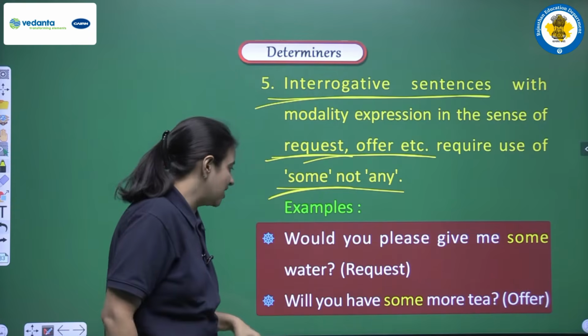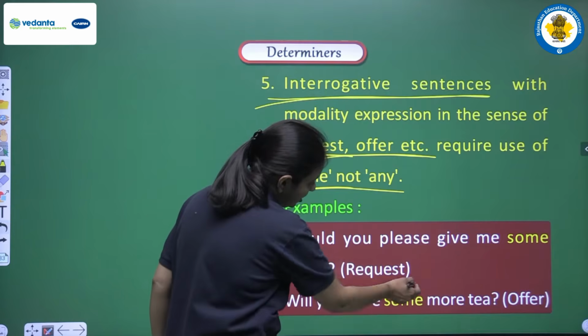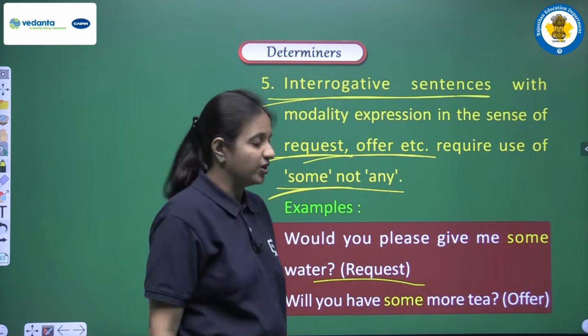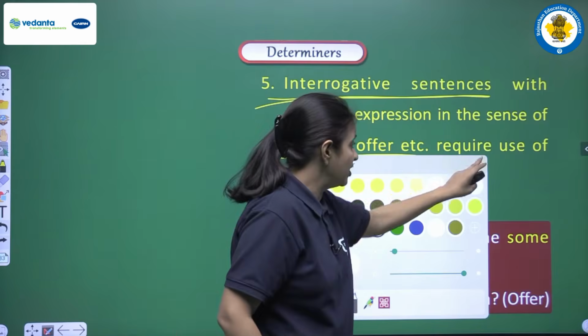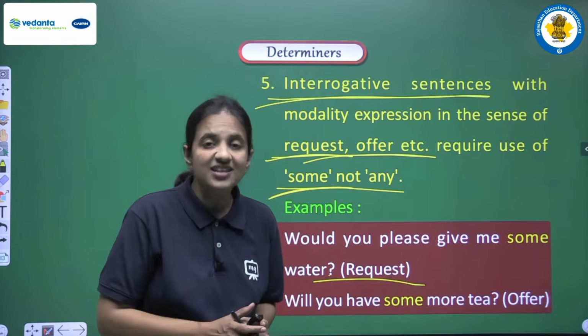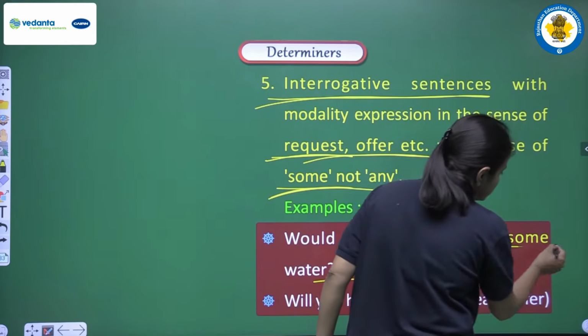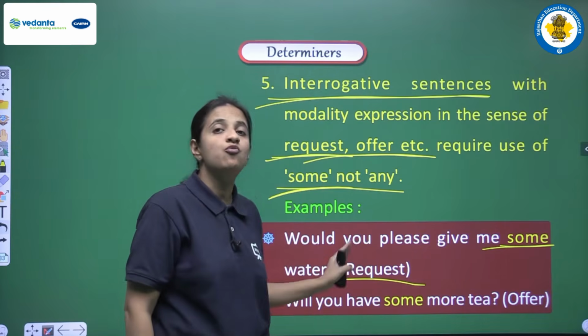So let's see the examples. Would you please give me some water? So here actually we are requesting this thing. Okay, so yes, we are having a question mark at the end of the sentence. This is an interrogative sentence, but actually in this sentence we are having the request, and this is the reason we are using some here, and the sentence is, would you please give me some water.